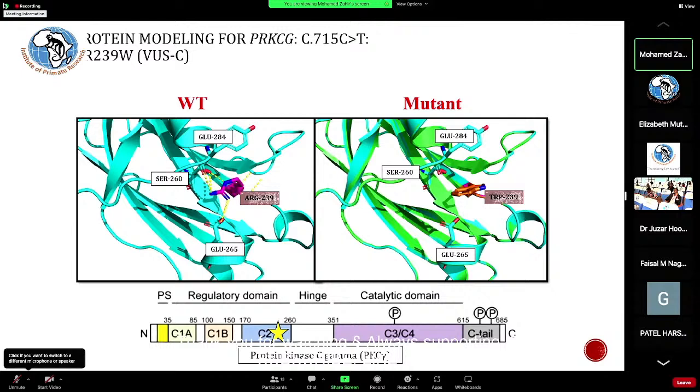However, in the mutant, the change of arginine to tryptophan all of a sudden breaks the bonds that would connect tryptophan to serine and tryptophan to glutamine. So you can already appreciate from these pictures that there is some modification happening by the presence of the mutant variant in this phenotype.